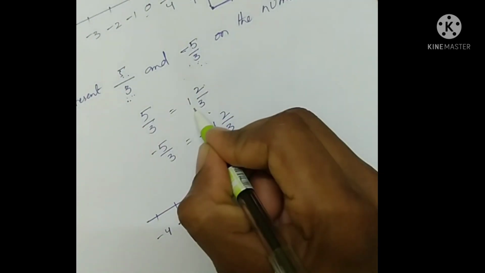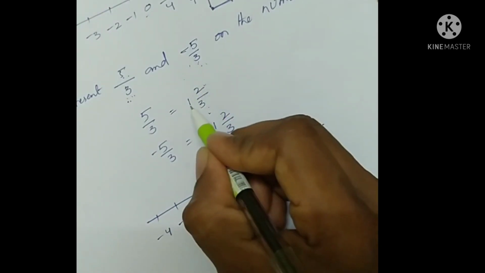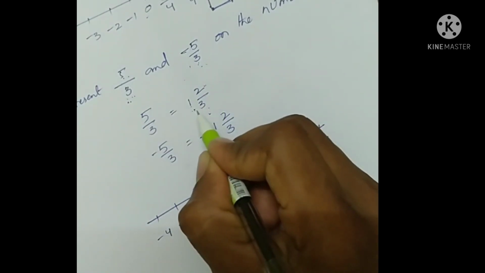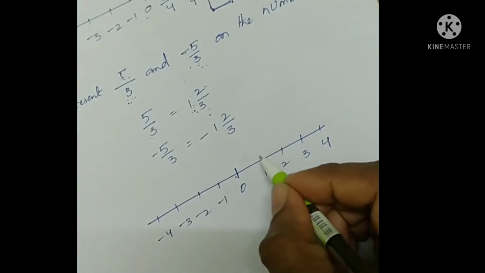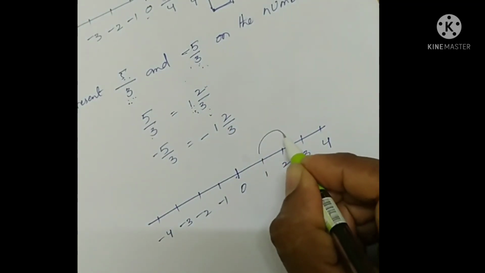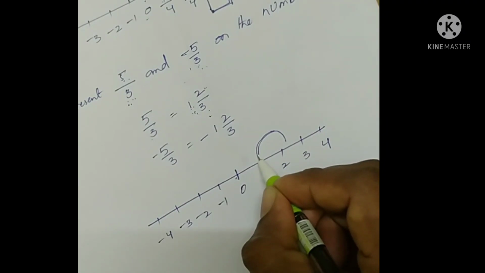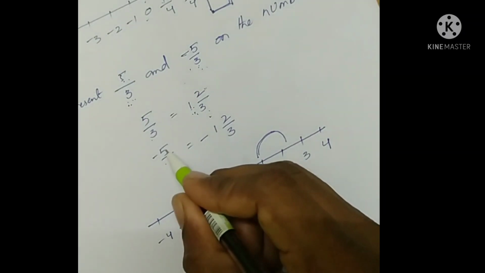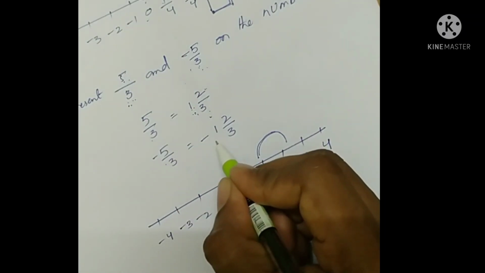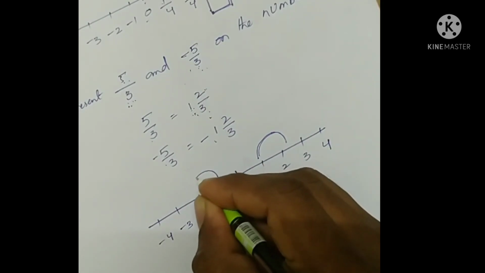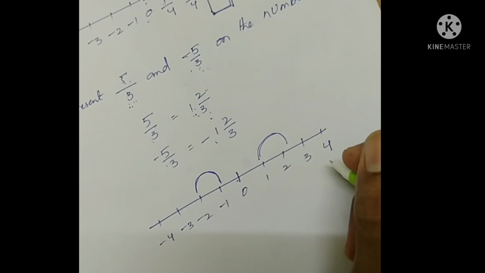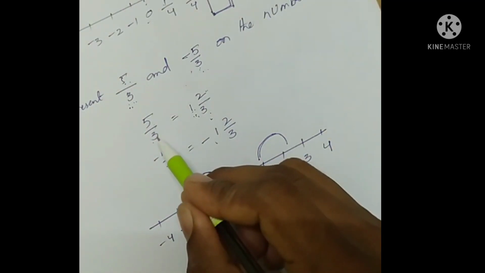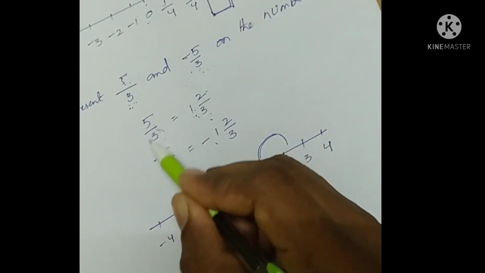So this value 1 and 2 by 3 is always in between 1 and 2. So here -5 by 3 is always in between -1 and -2, right? Here for 5 by 3, the denominator is 3, right?